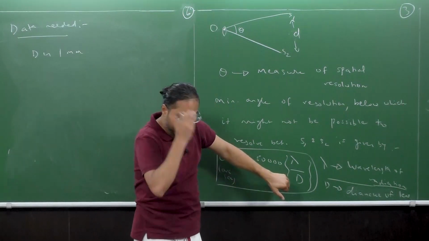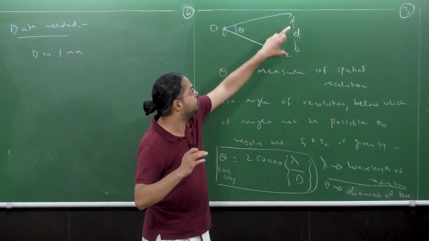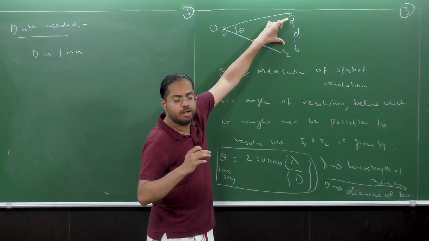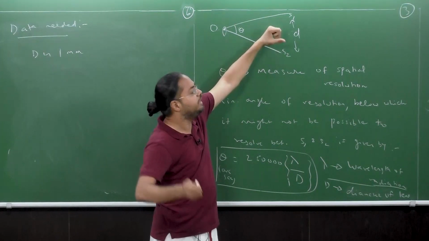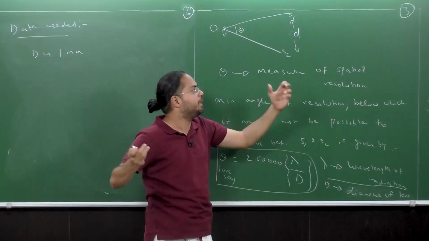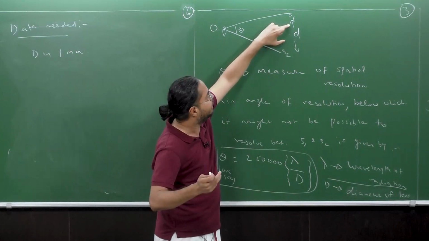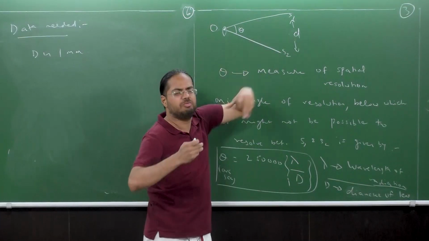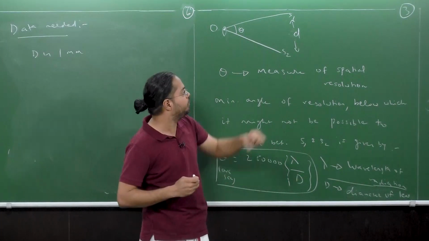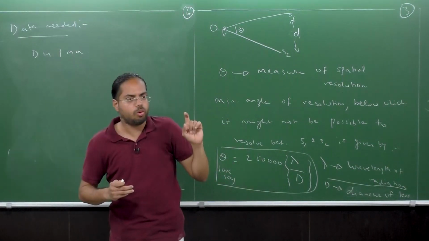That is what comes in the resolution formula, not the distance between the two entities themselves. Although as small d gets larger, we can resolve it better. As small d, the distance between S1 and S2, becomes smaller and smaller, we'll have a more difficult job resolving between the two entities. Please note this. Okay. So I stand corrected.